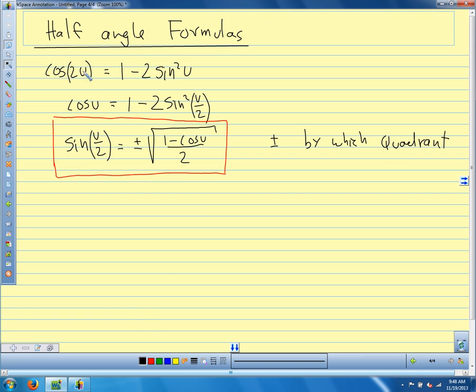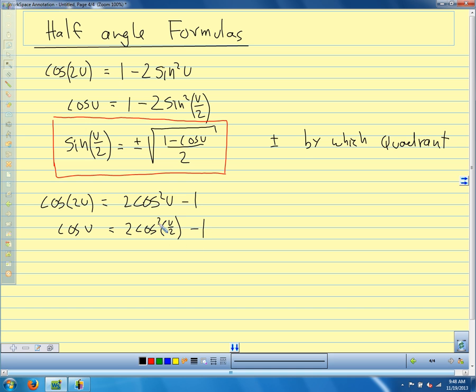I can start with our other version of cosine 2u. We also said that cosine 2u is 2 cosine squared u minus 1. And I'm going to rewrite that using the same idea. Cosine u equals 2 cosine squared of u over 2 minus 1.